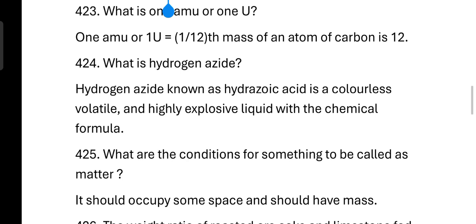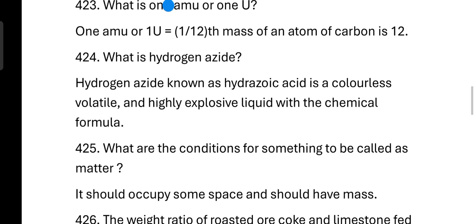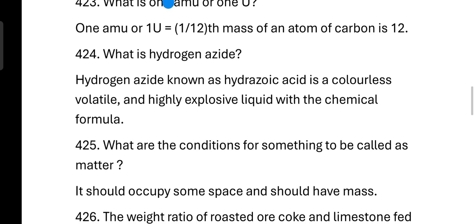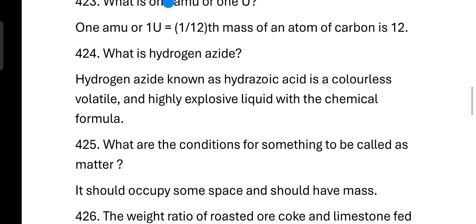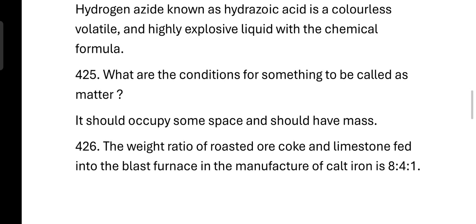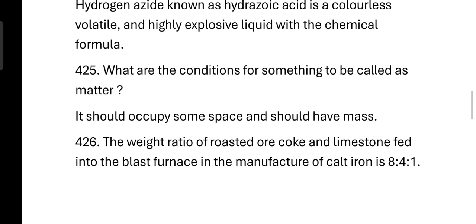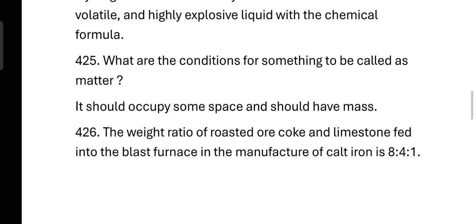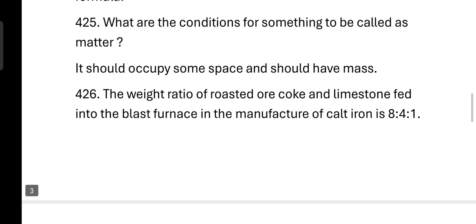Hydrogen azide, known as hydrazoic acid, is a colorless, volatile and highly explosive liquid with the chemical formula HN3. What are the conditions for something to be called matter? It should occupy some space and should have mass.